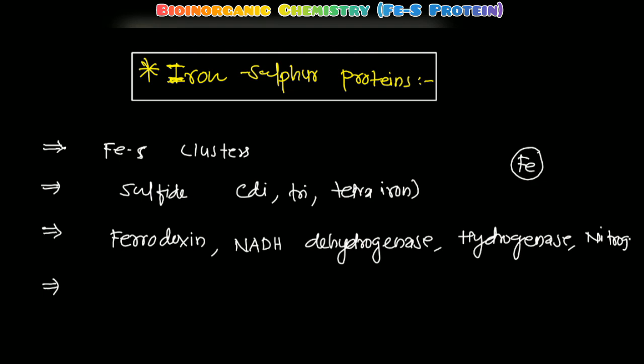In most iron sulfur proteins, the clusters perform the best function, which is electron transfer. That's why I highlighted here that electron transfer is the basic activity of iron sulfur proteins.